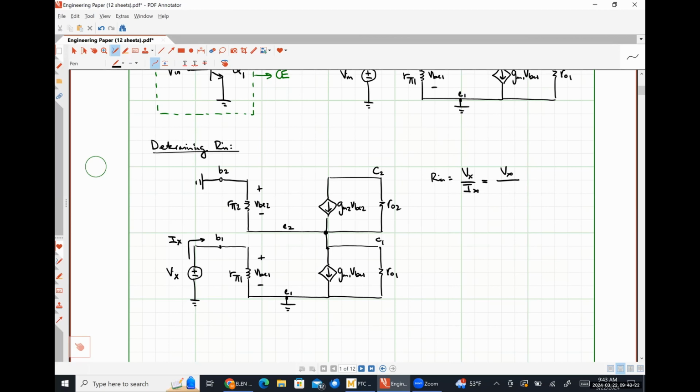So that's simply VBE1 divided by R pi 1. What's the relationship between VBE1 and Vx? They are literally the same thing. So that's Vx over R pi 1. Our input resistance comes out to be R pi 1, exactly the same as a simple common emitter amplifier with no degeneration.